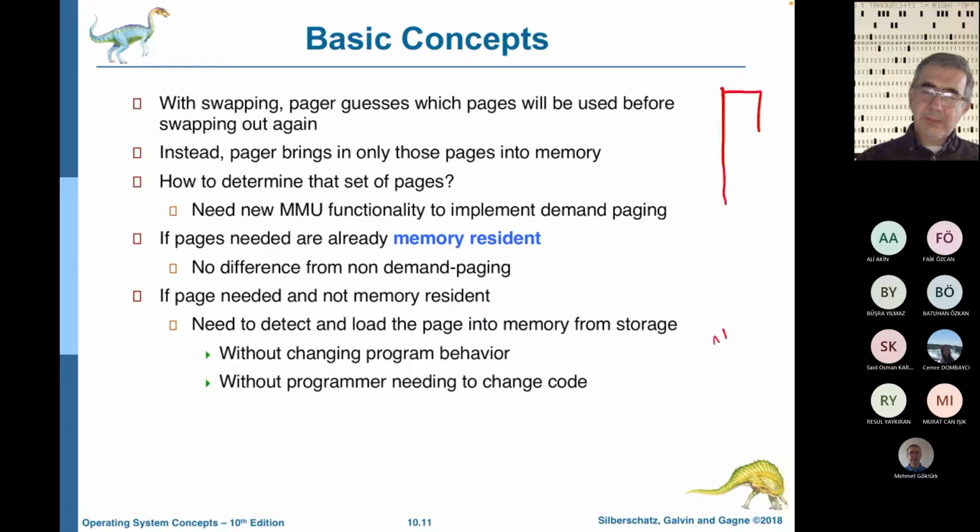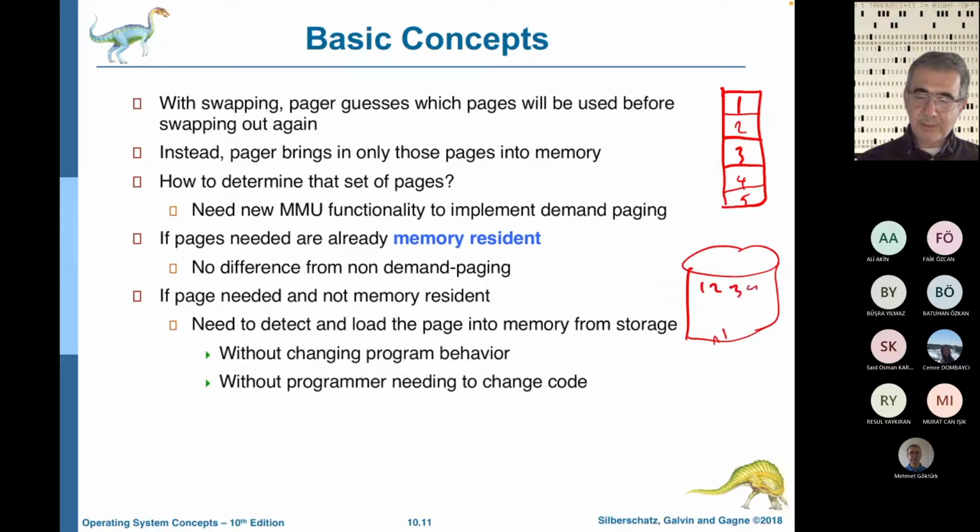When you have a main memory, your main memory is full, and you have a hard drive. On your hard drive, you have pages 1, 2, 3, 4, 5 up to 16. And 9 is required. So when 9 is required, one of them must be erased.